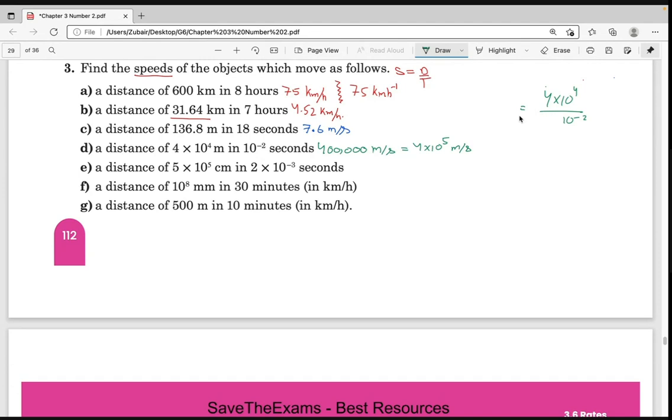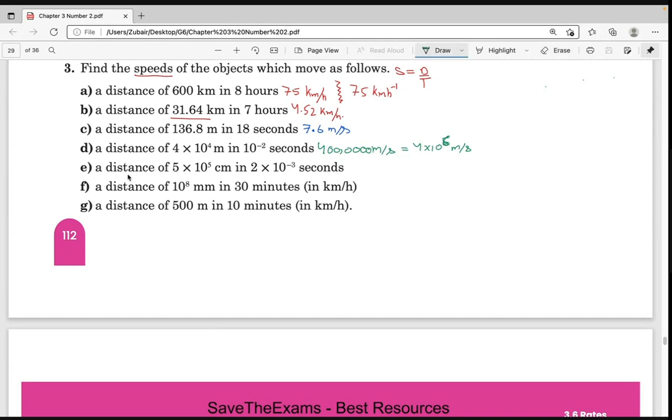Let's say 4 multiply 10 power 6. Yours is correct. I punched it wrong in the calculator. You are right. 6 zeros. This is 6.